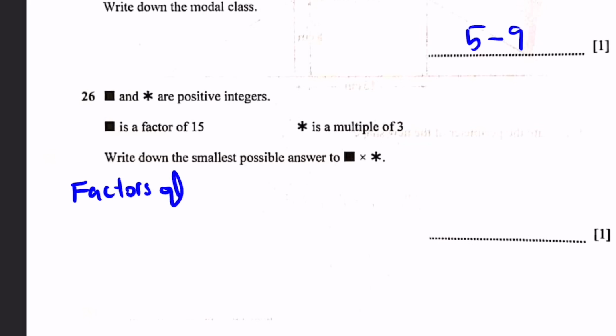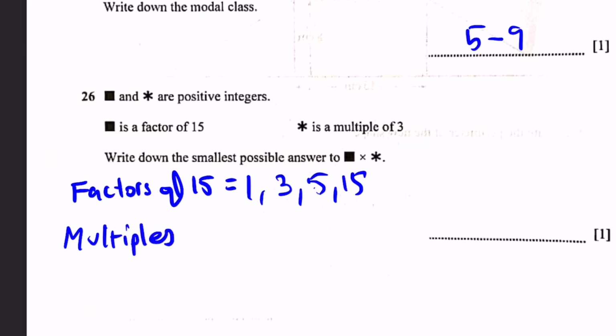Factors of 15 are 1, 3, 5, and 15. And next we'll see the multiples of 3. They are 3, 6, 9, 12, and so on.